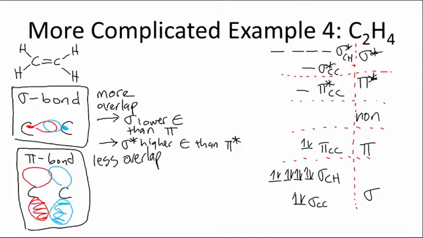All right, so now we know basically all the principles we need to draw any MO diagram. And again, when I say to draw any MO diagram, I mean to draw a really simplified version of any MO diagram that's going to be good enough.